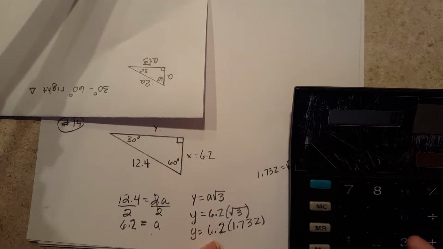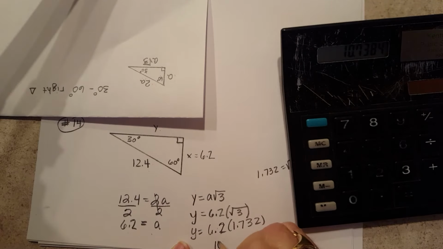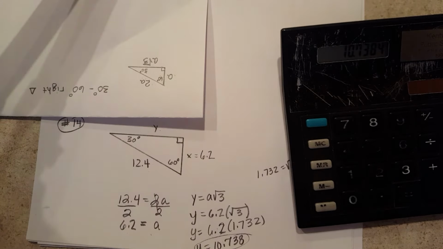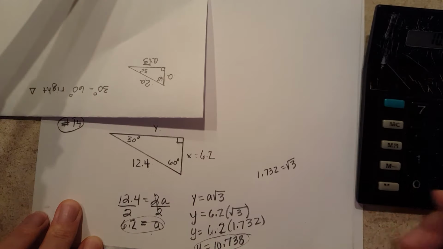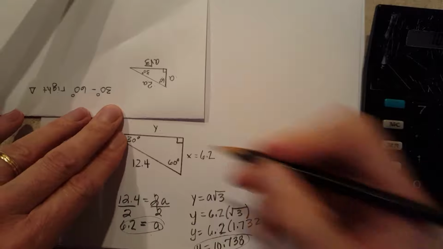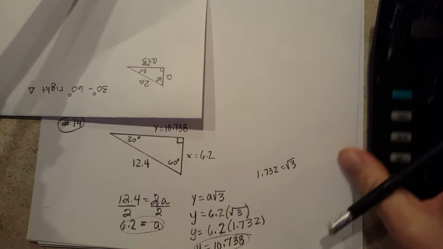If I do that, 6.2 times 1.732, it's going to equal 10.7, and I think it goes to the thousandths. We'll make it thousandths. So that would be your y. So that is pretty self-explanatory there. You got your A, you got your y, and this A becomes your x, right? So a lot of those. I think that should be sufficient for you.